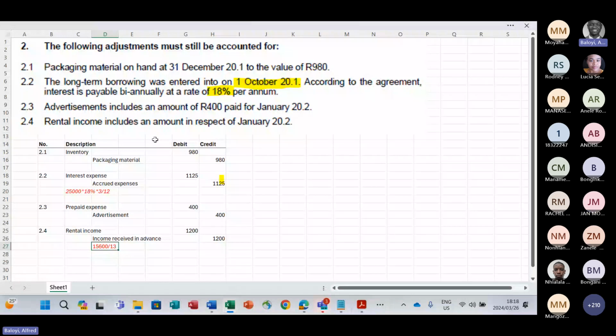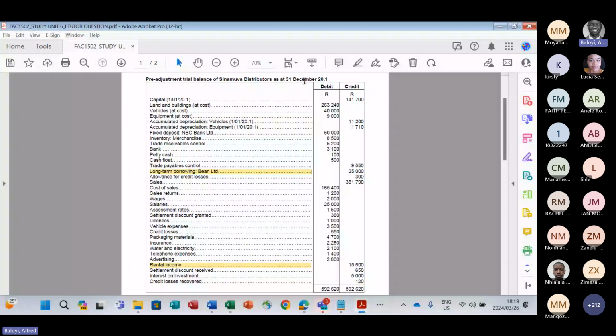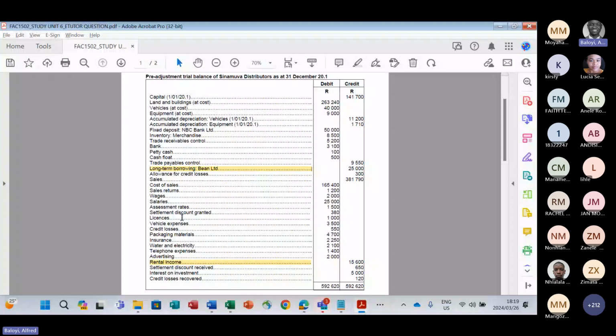The long-term borrowing was entered into on 1 October. According to the agreement, interest is payable biannually at the rate of 18% per annum. So basically the entity got a loan on 1 October, and at 31 December there was no interest paid yet.